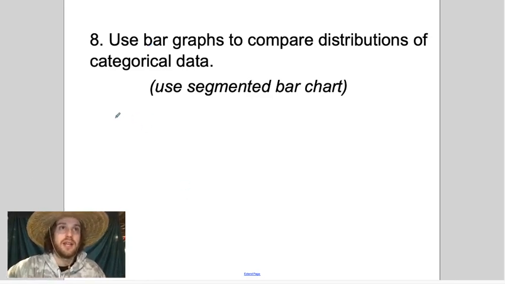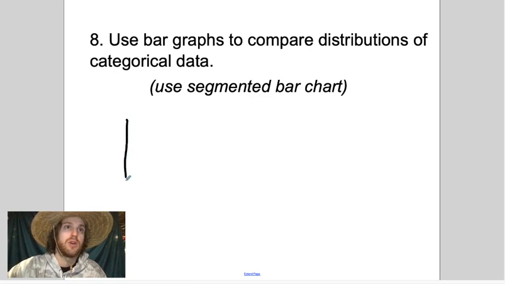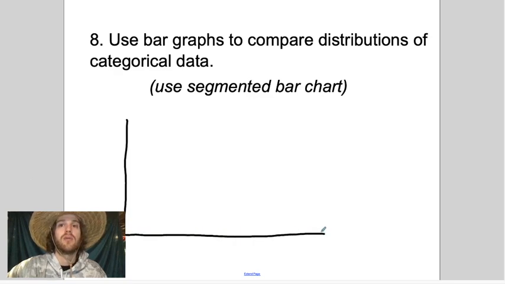All right, a segmented bar chart. So what we're going to do for a segmented bar chart, we're going to come down like this for a two-way table, and we have my three classes. My three classes are engineering, and then I've got my trades math, and I've got stats.